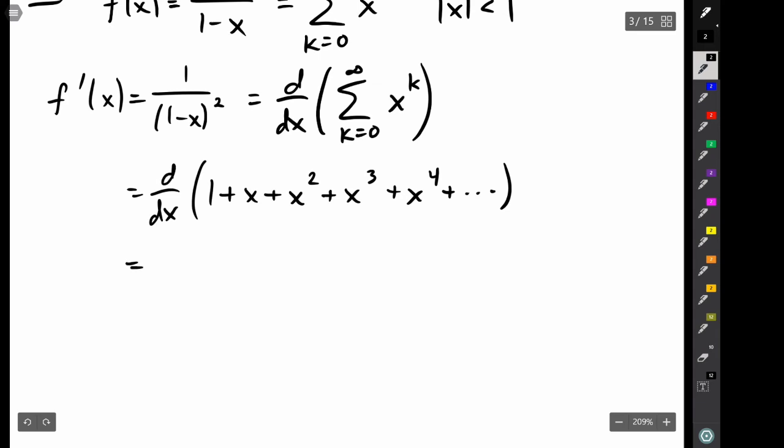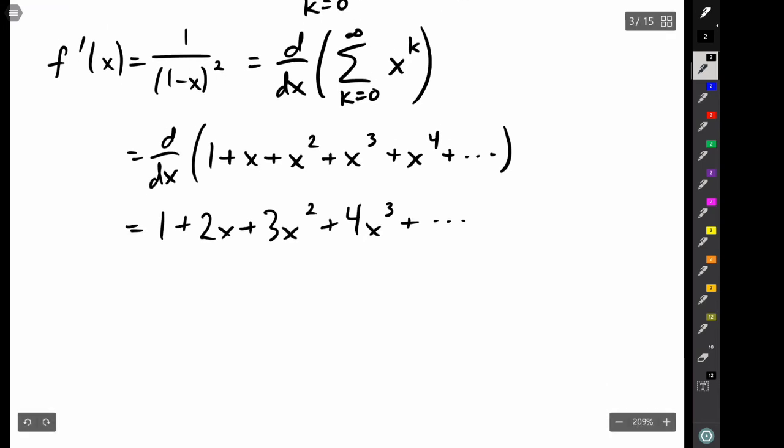And now I'm going to differentiate everything. So the 1 will go away, and I'm going to get 1 plus 2x plus 3x squared plus 4x cubed plus dot dot dot. And the reason I think it's a good idea to do this is you'll get a nicer looking series at the end.